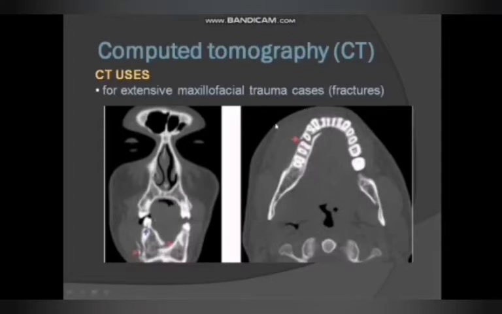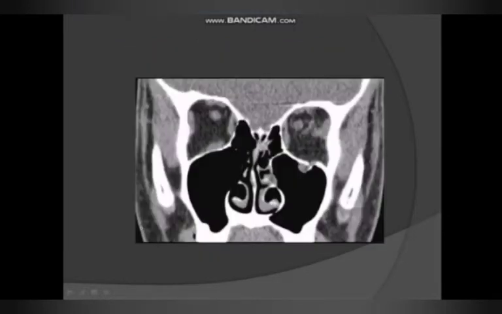Here's the right body of the mandible, we can see the fracture, and also fracture of the tooth. The second picture here, we can see a small fracture in the floor of the orbital cavity. We can see also the inferior rectus muscle has herniated into the left antrum.